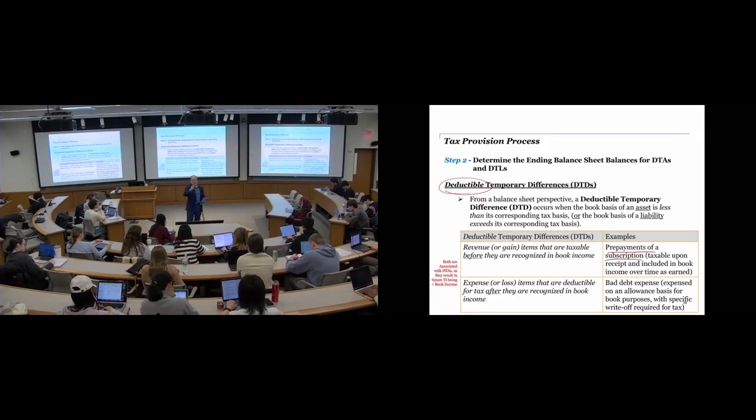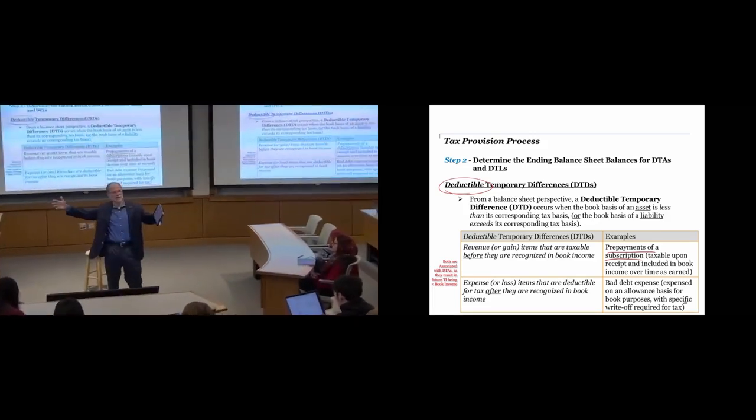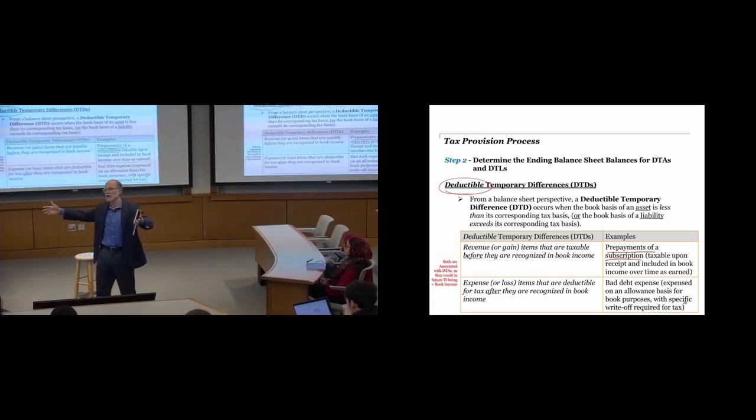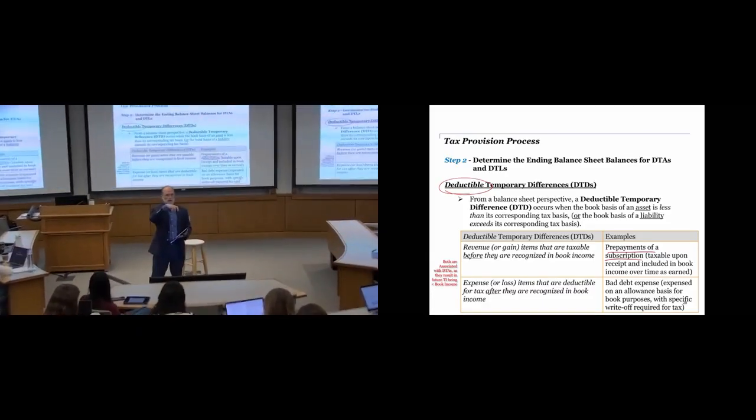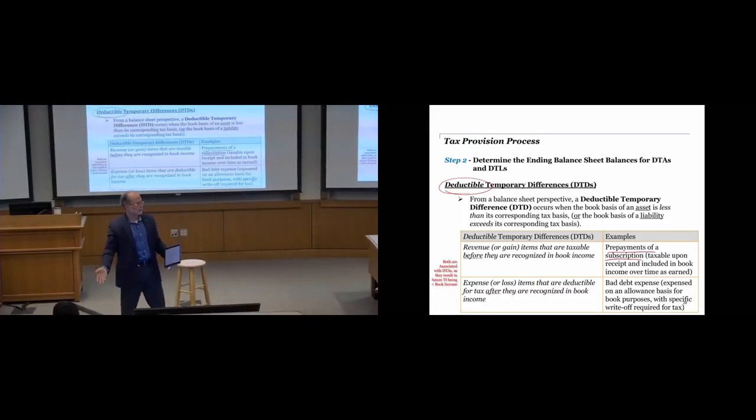Usually it's very difficult to receive cash and not have a taxable event. For accounting purposes, we're going to recognize that income over the subscription period. So I might have recognized the revenue on the tax return quicker than in the financial statements.